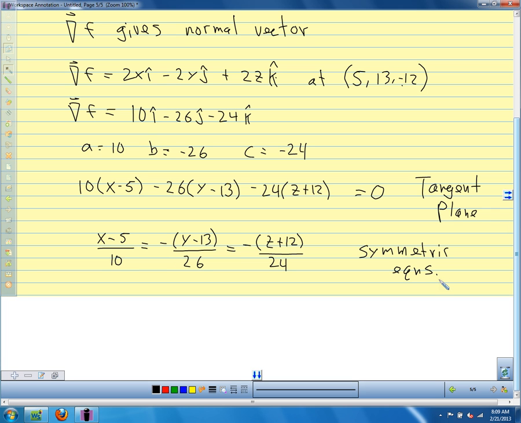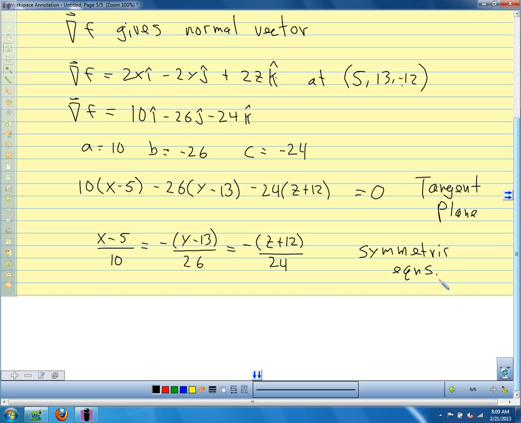And we just found out that the gradient is normal to level surfaces as well. So gradient gives us a normal vector to level curves, normal vector to level surfaces. On a surface, the gradient is normal to any tangent vector on the surface. So if we're talking about tangent vectors, our gradient is normal to a tangent vector.